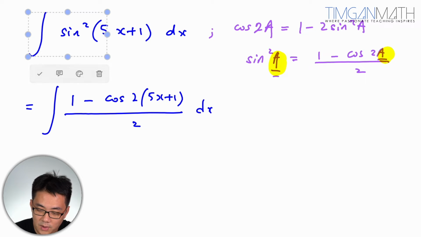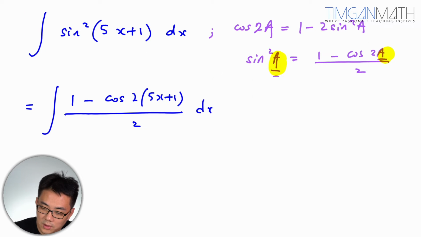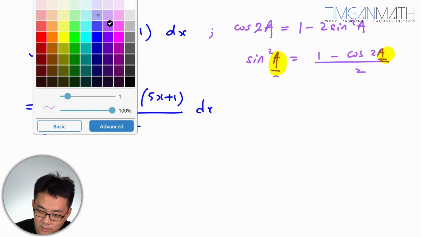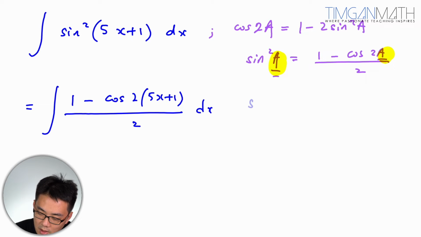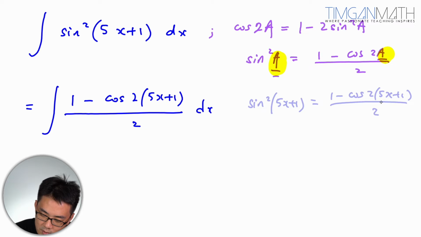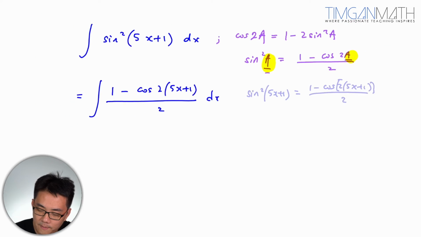Maybe I should write this down for you. In other words, this is what I'm doing. Sine square 5x plus 1 equals 1 minus cosine 2(5x plus 1) over 2. Okay, that's it.